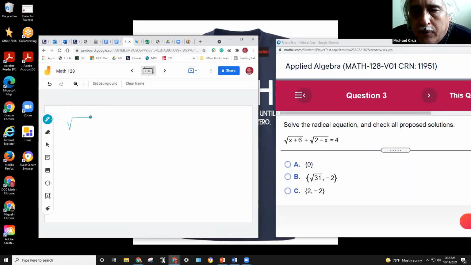So what we're going to do is subtract that for a second one, which means it's going to be a negative 2 minus x. And then we got to square both sides. And that's going to get rid of one of the radicals. And then we'll have to collect like terms and do it again.